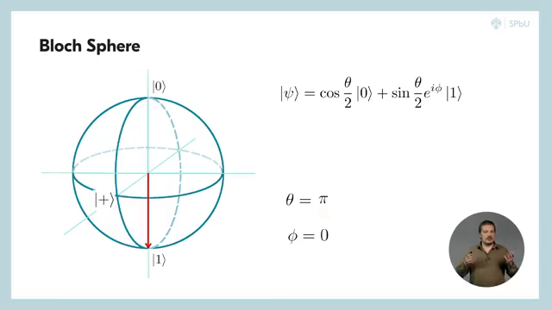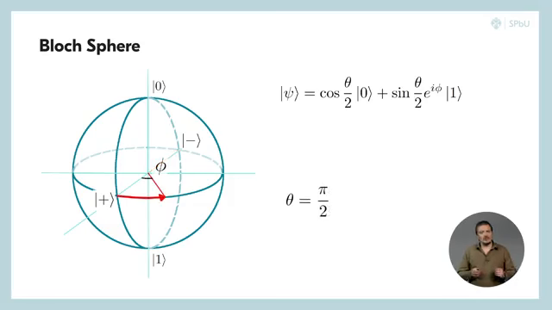I wanted the states 0 and 1 to be at the opposite points of the sphere. Now, if we continue to increment theta, or if we go in the opposite direction from the top, we can reach the state minus, which is on the opposite side of the state plus. These two basis states, minus and plus, are also on the opposite sides of the sphere.